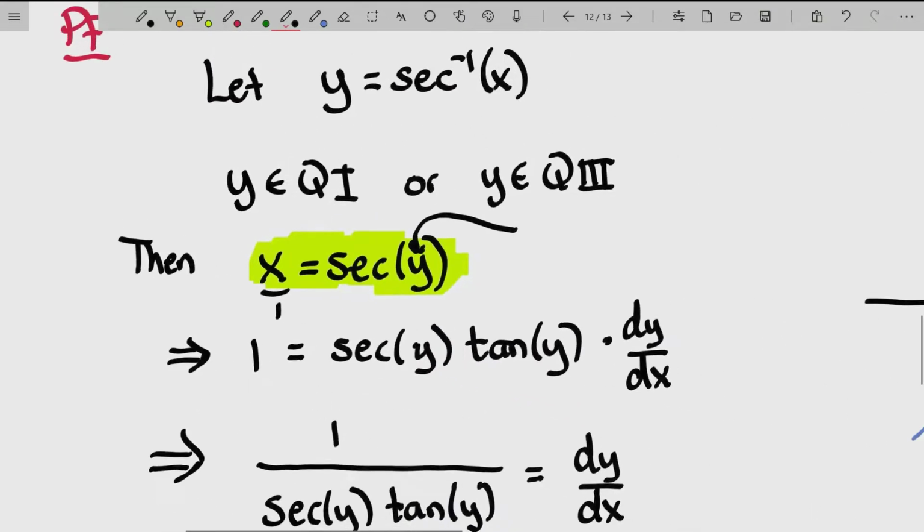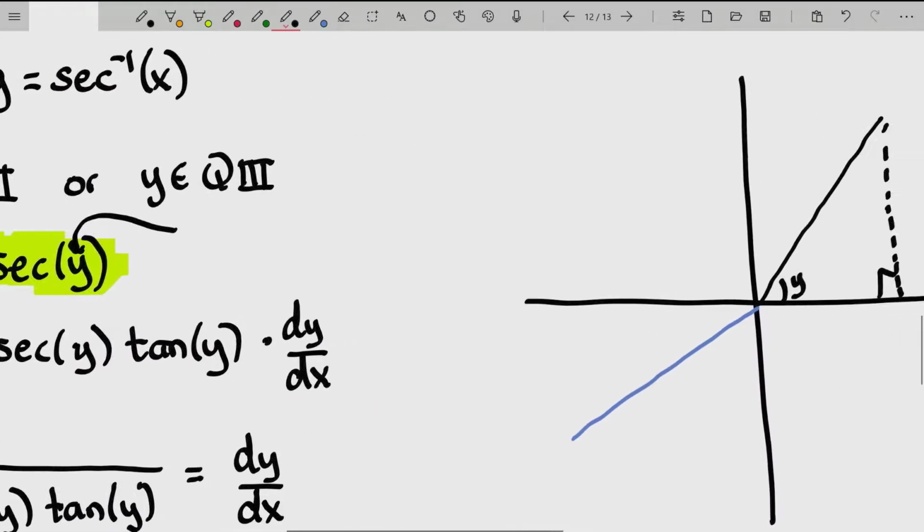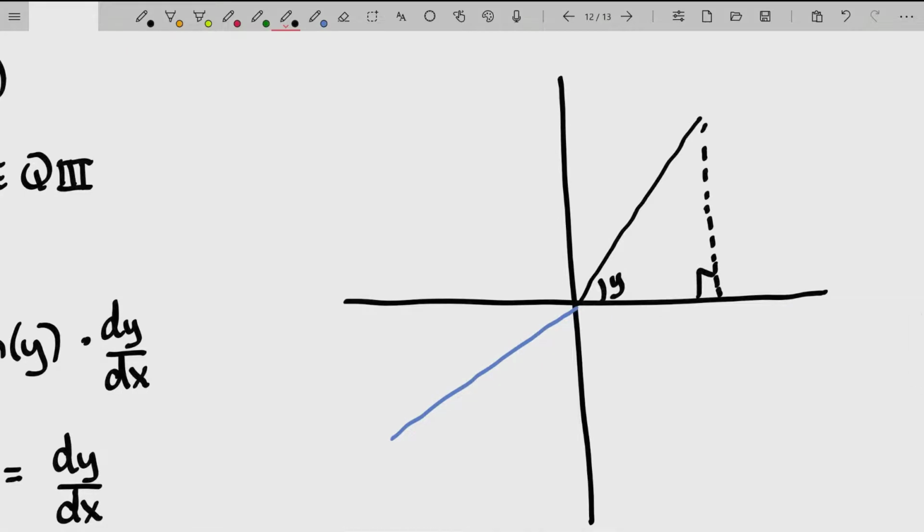Let's go ahead and draw that in. And if that were the case, then by the Pythagorean theorem, this side would be the square root of x squared minus 1. Yeah, that's right.